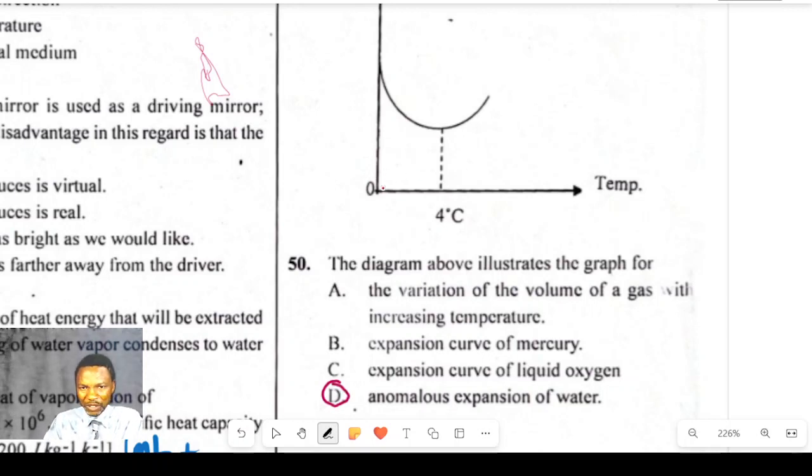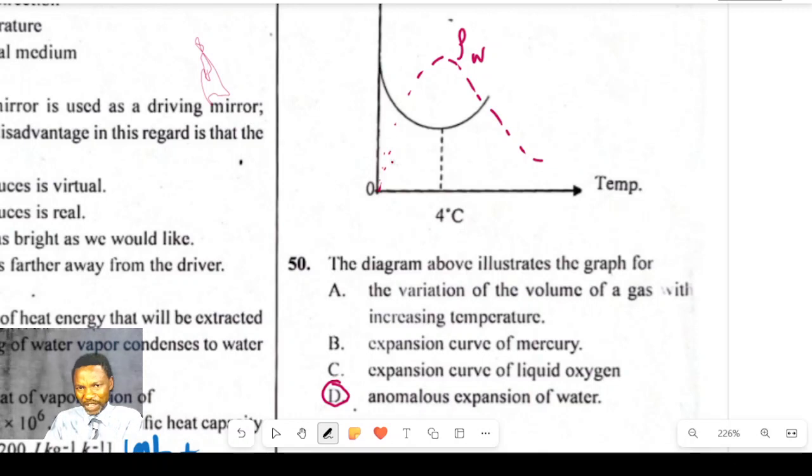Now, let me just show you something else. So you have water. If we want to increase the temperature, this will be the density of water. The density of water rises from 0 to 4 maximum, then it starts decreasing.